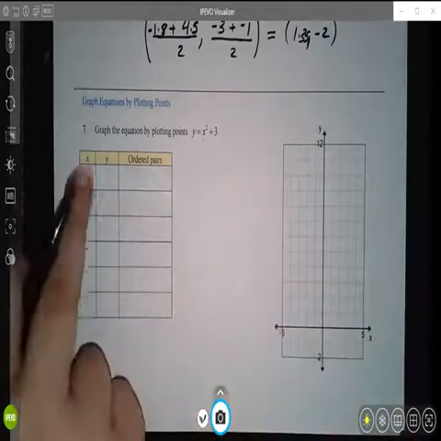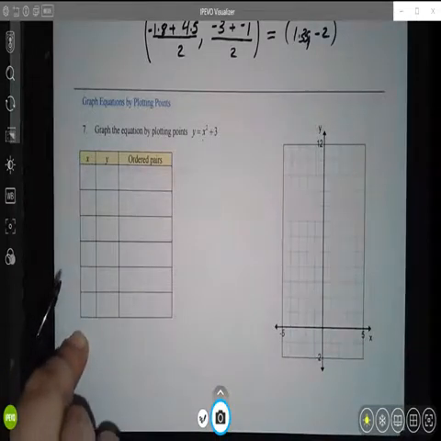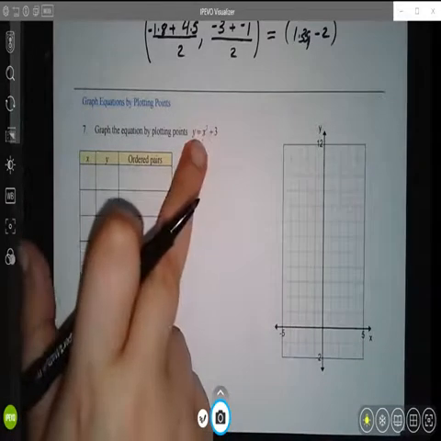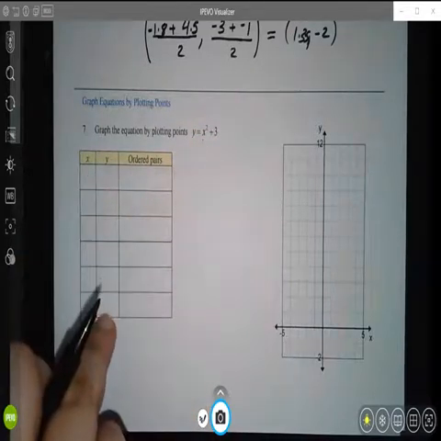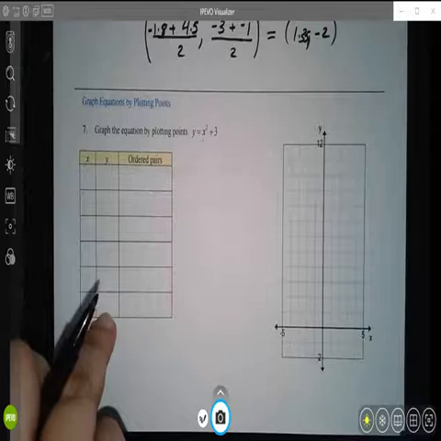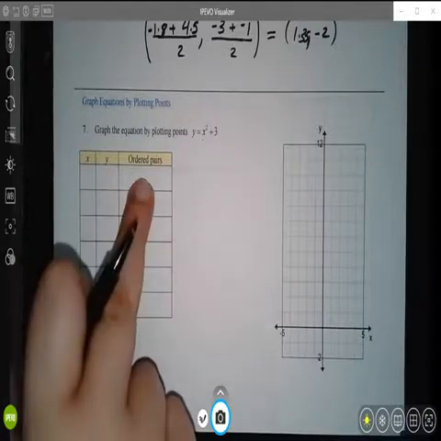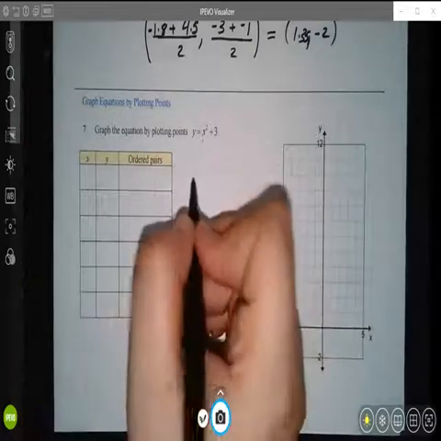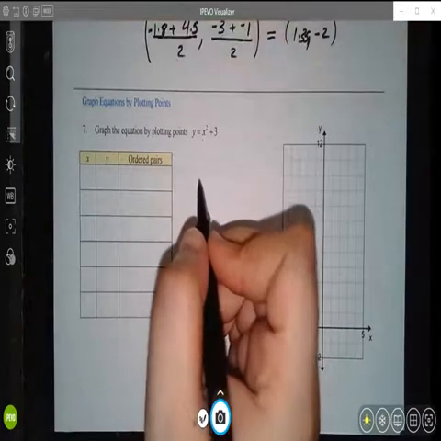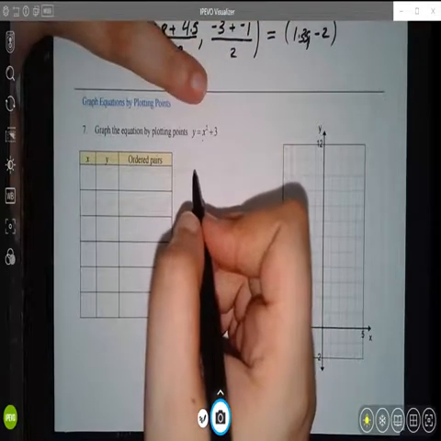So I'm going to choose random values for x, plug them in here, solve it, and write down the y answers. Okay? Once you do that, each 2 values is going to give you one ordered pair. Okay, let's start. Now, try to make it easy on yourself, so don't choose like -17 or something like that.